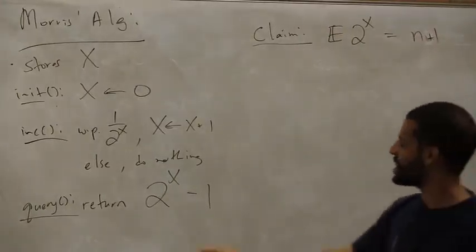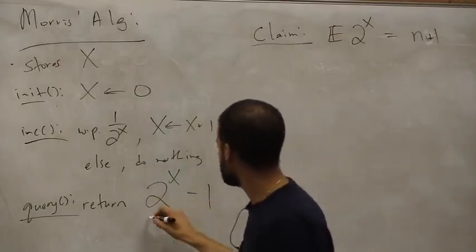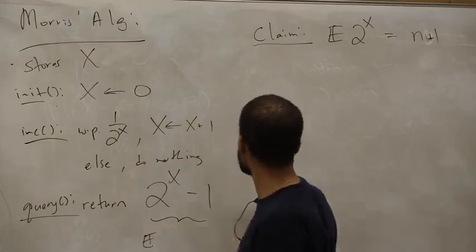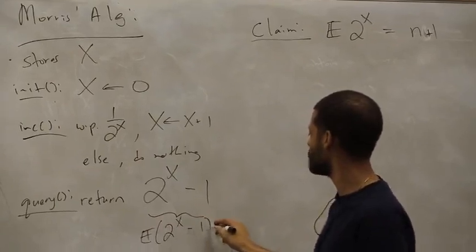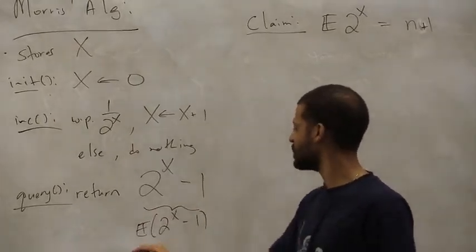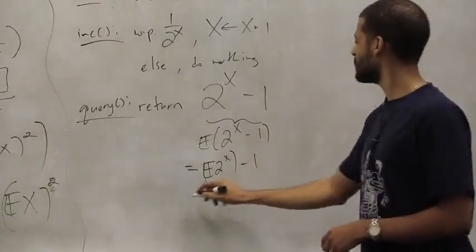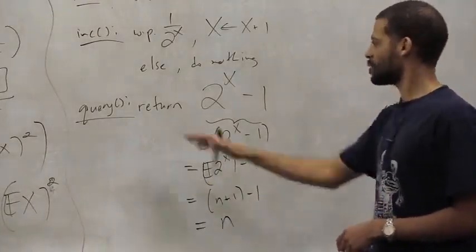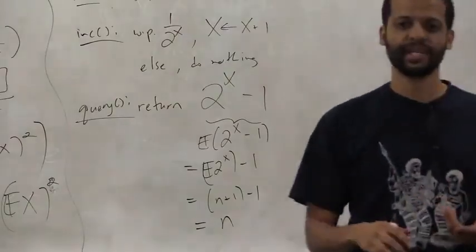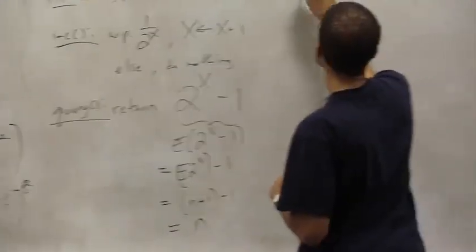Which now makes sense why Morris is returning this, because if this is true, which it is, as we'll see in a second, the expectation of 2 to the x minus 1, by linearity of expectation, is equal to the expectation of 2 to the x minus 1, which is n plus 1 minus 1, which is n. So the return from the query is at least correct in expectation. So let's prove this.